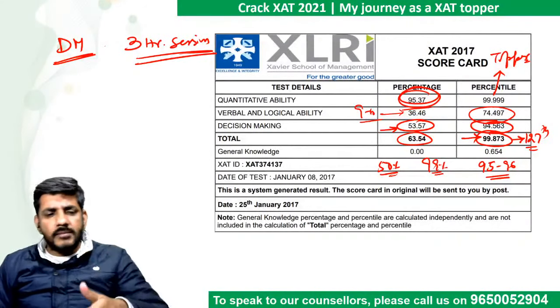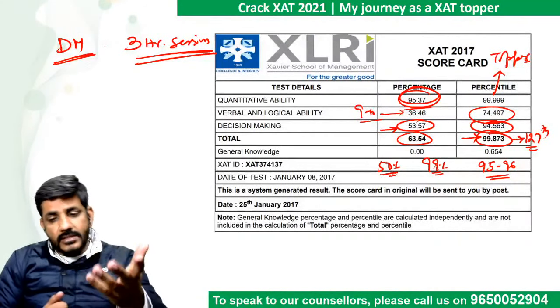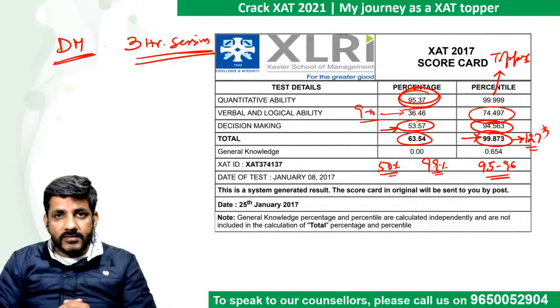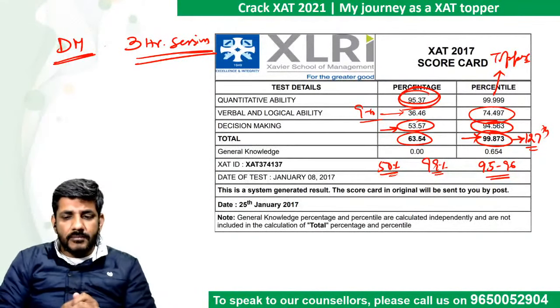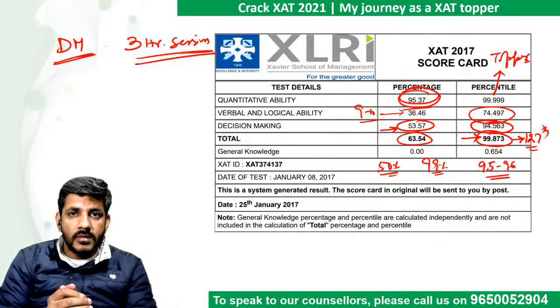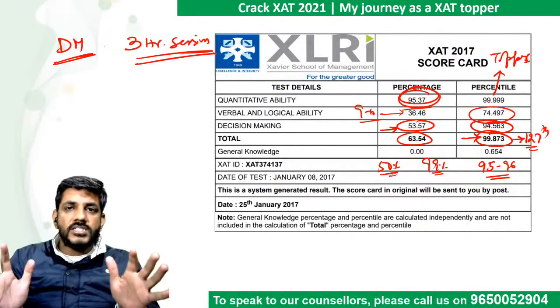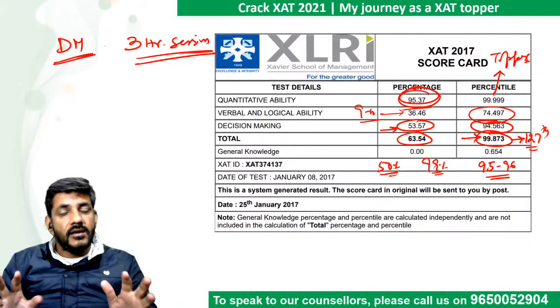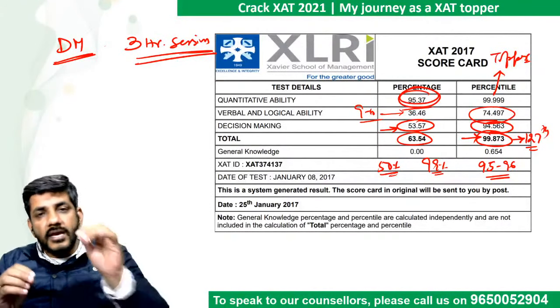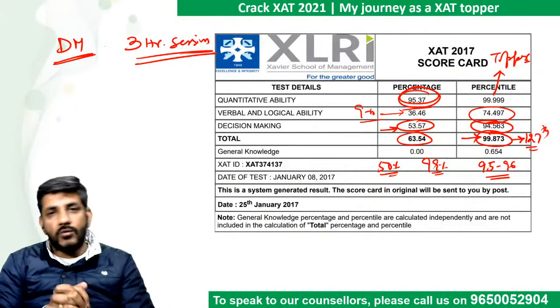You can have the same thing in quantitative ability. Sorry, yes, you score less in quantitative ability, but then do good in verbal ability and have a good score. Decision making, I always feel, is the deciding factor here. In decision making section, you can even score 17 or 18 out of 21.